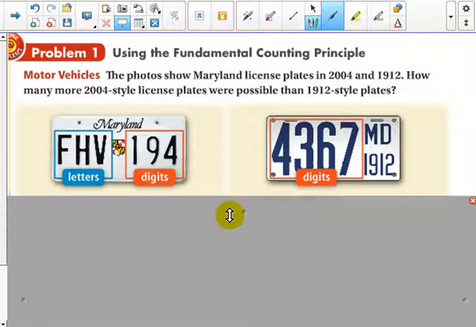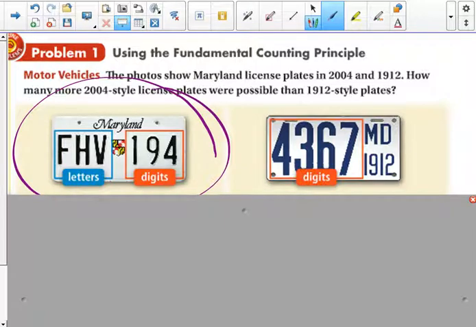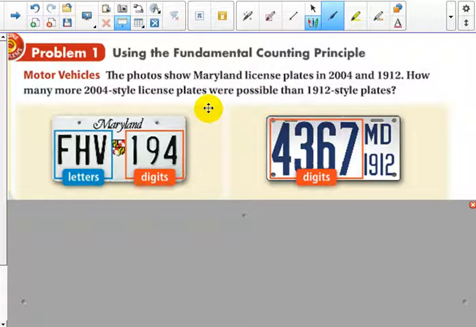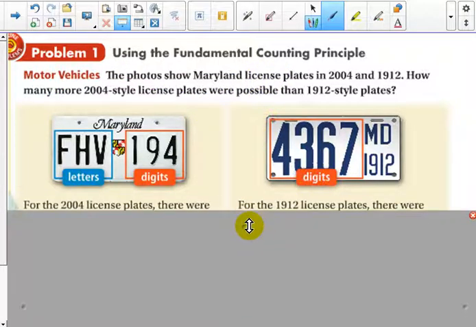So let's look at what they had on them. If you look in 2004 here, they had a letter, a letter, a letter, and a number, a number, and a number. So we had letters and digits. Well, we know how many possible alphabetic characters do we have? 26.